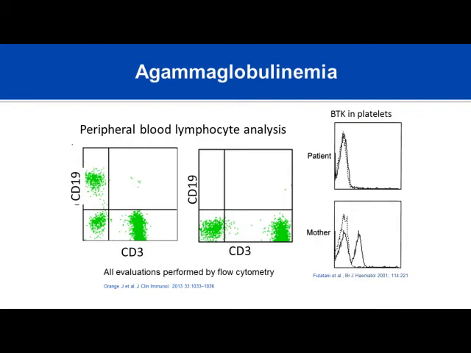The mother of this patient, because this is an X-linked disease, is a carrier and therefore has 2 peaks. Some of her platelets have no Bruton's tyrosine kinase, and some of her platelets do have it. In a normal scenario, which is not shown here, there would be 1 peak and it would only be off to the right, where all of the cells would have Bruton's tyrosine kinase.